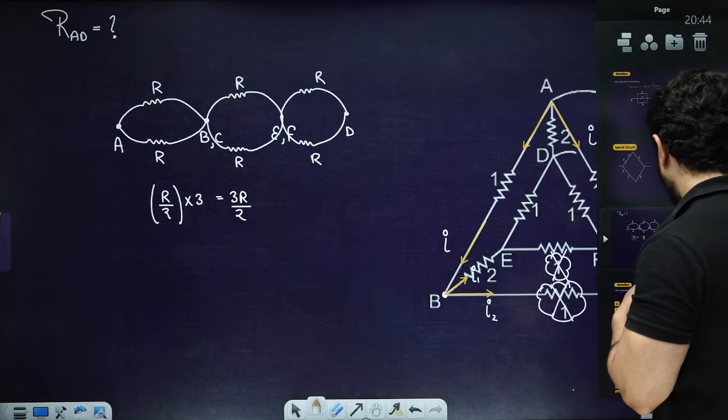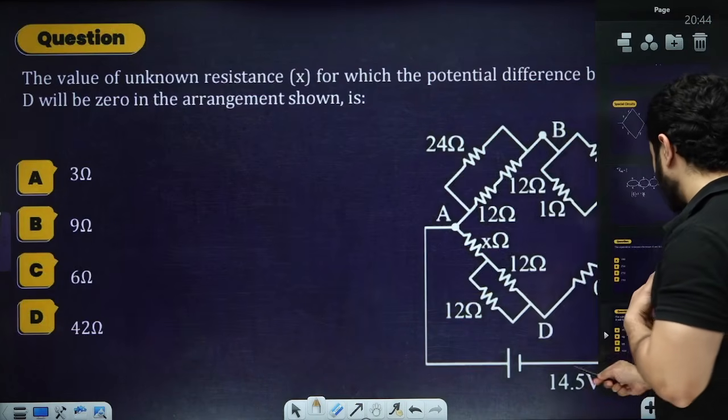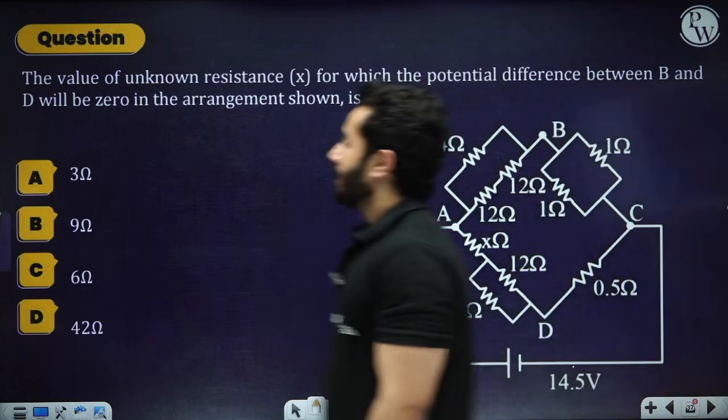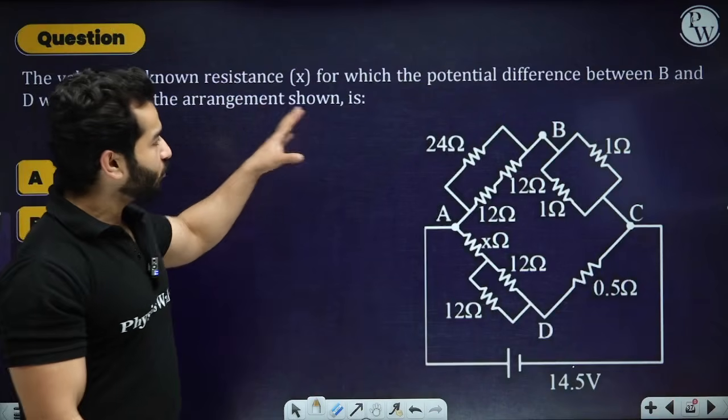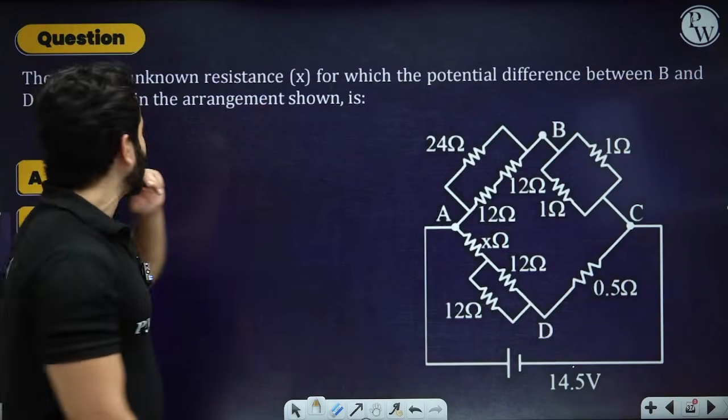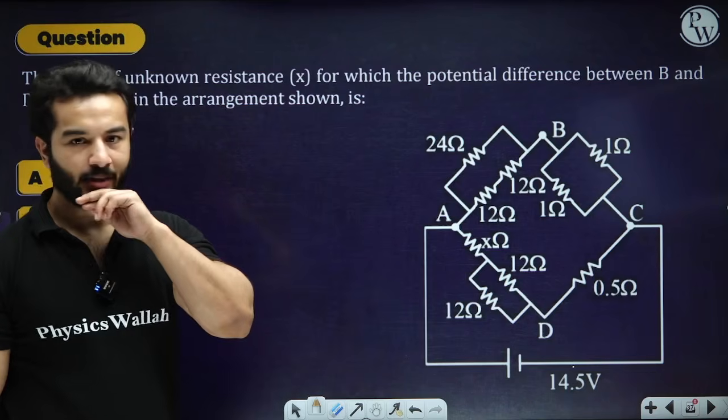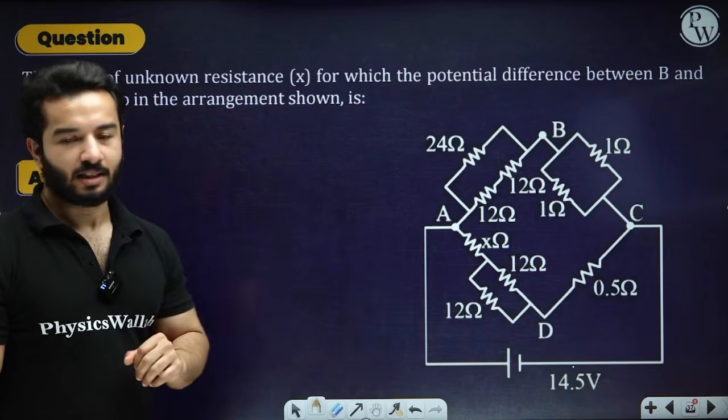Now let's move on to another question, something like this. The question is saying: find the value of unknown resistance X for which the potential difference between point B and D will be 0. Now please have a look at this.